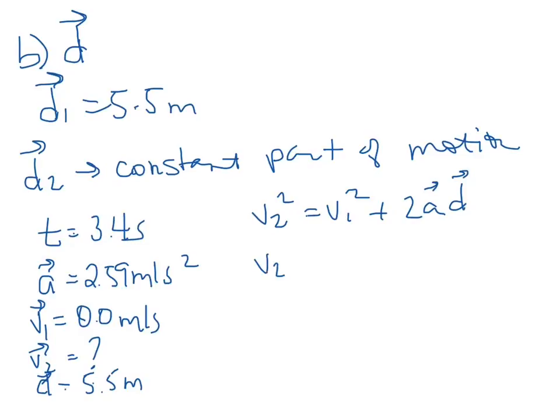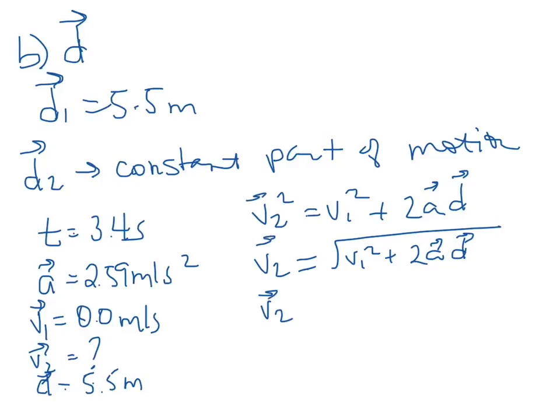And if we rearrange that, we'd be taking the square root of everything on the other side. So V2, sorry, I've forgotten my arrows, is equal to, so that's going to be 0 squared plus 2. So she's gone the 5.5 meters, so that's why we're using that, because it's just at the end of that time. We want to know just how fast she's going right then.